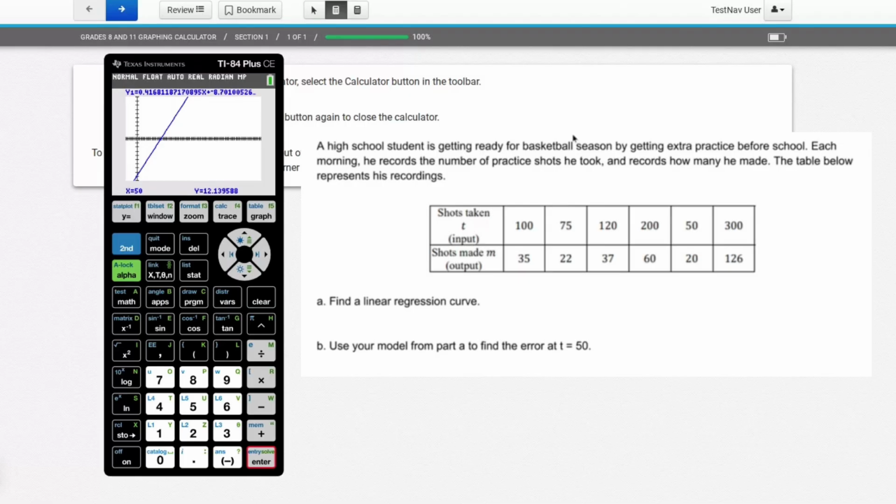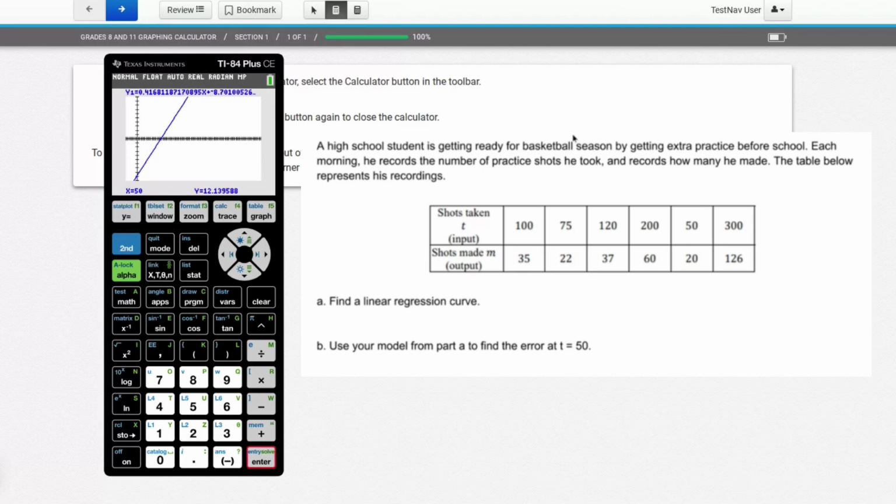Actually, yeah, 140, because that's the way we're going to have to do it. 12.140. According to the chart that we have here, at 50, he actually did 20. So the error is going to be the predicted minus the actual.